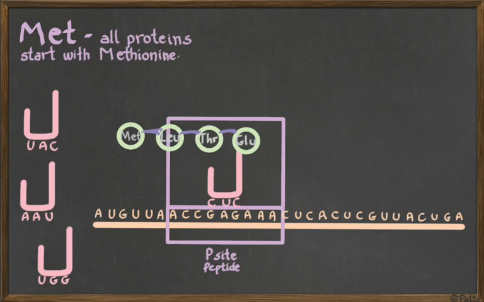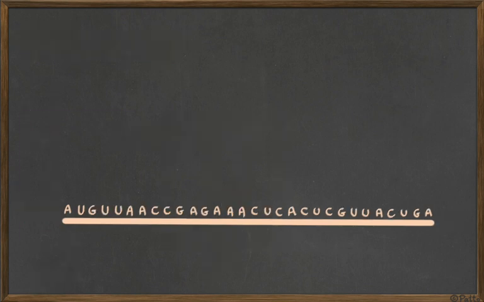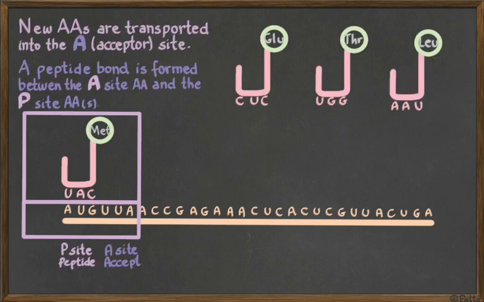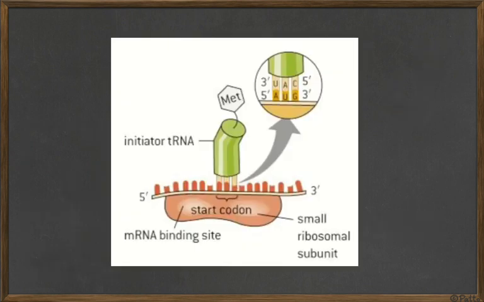This will go on until you get to a stop, or a terminator part of the messenger RNA. So we are making proteins over there. Okay, so this is the idea. This is just repetition. I'm not going to show this again. That's the idea of this process.